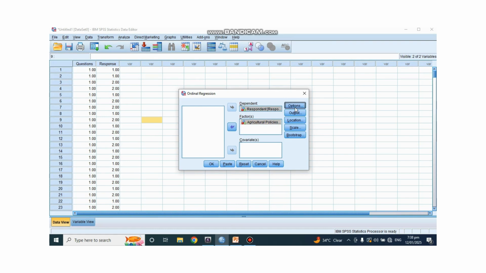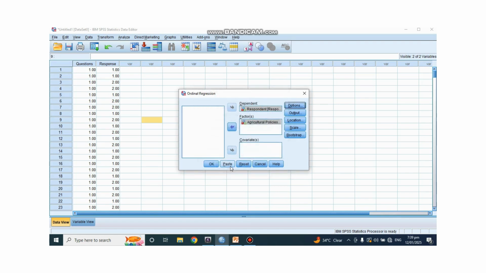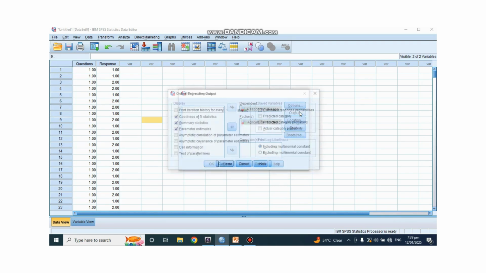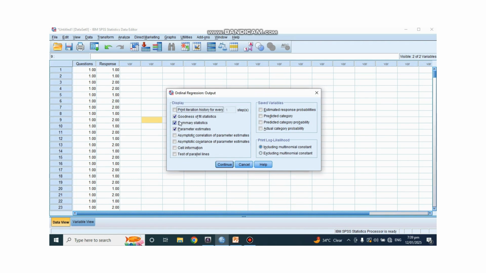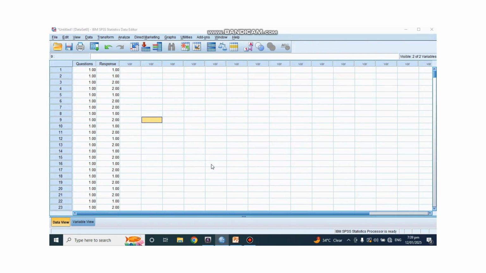So we go to options to see whether everything there is checked. We are using logit by default. So we go to our output, and we also add the test of parallel lines. This assumption must be met if our data is to be suitable for this kind of analysis. So we click continue. Having done this, we click OK.